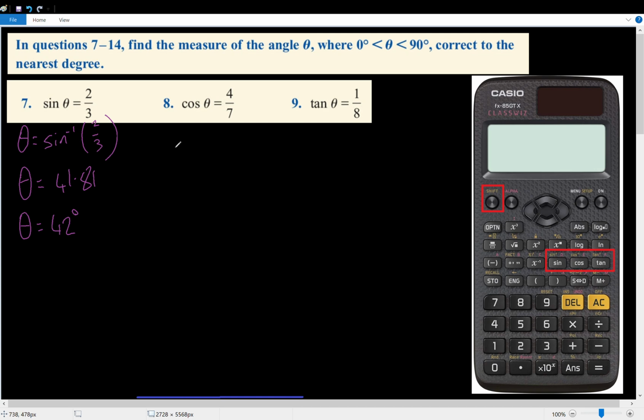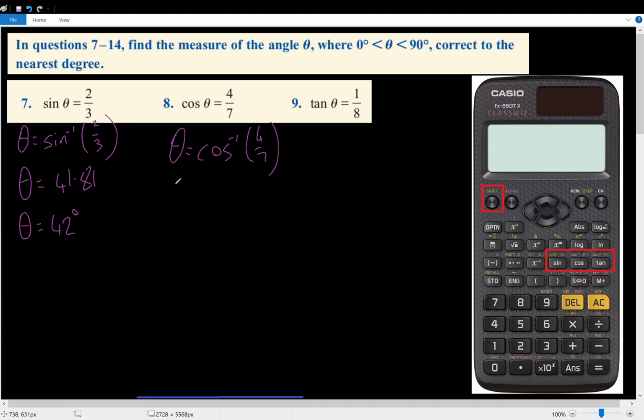So if cos theta is equal to 4/7, that means that theta is equal to cos inverse of 4/7. It's roughly the same process as before. We go to our calculator, press the shift button, press the cos button, which will give us cos inverse and a bracket, and then put in our 4/7. Then we close the bracket and press equals.